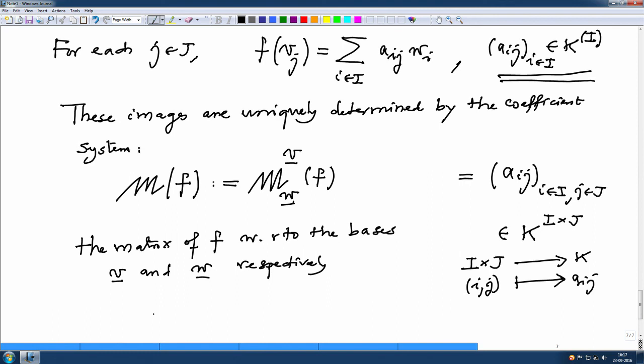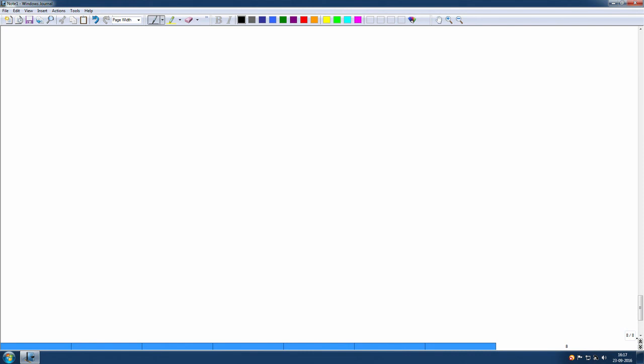Okay, so now let us formally define what a matrix is, and that will match with this definition. So, definition: to understand a linear map, we got these coefficients and we put them in that form, and that actually gives a clue what to define.